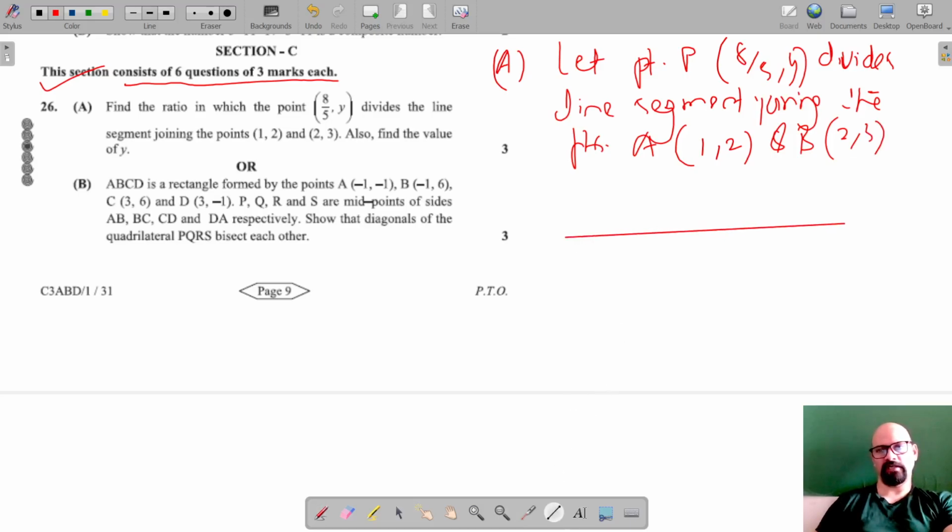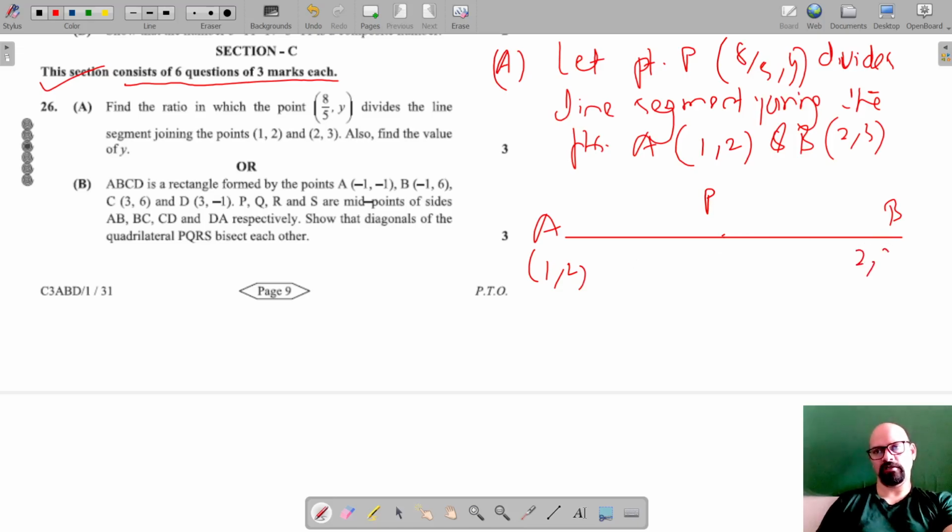So we have this line that has the points A, B, and P. So the coordinates of A are (1, 2), B are (2, 3), and P are (8/5, y). And let P divide it in the ratio k:1. So this is P, this is A, and this is B.